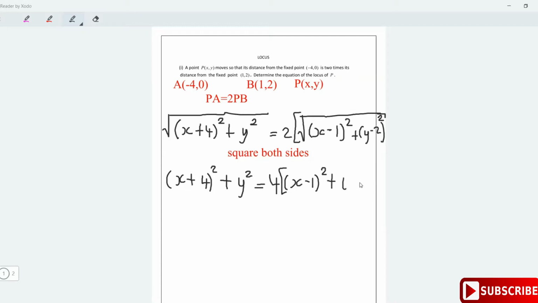Remember, you might say, how did that 4 come in? The 4 came in because when I squared it, the 2 squared becomes 4.